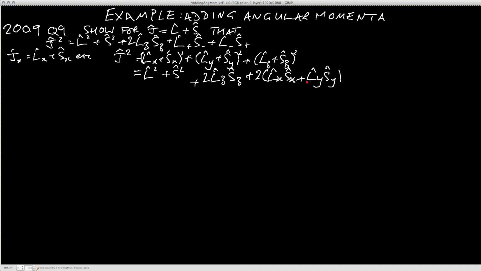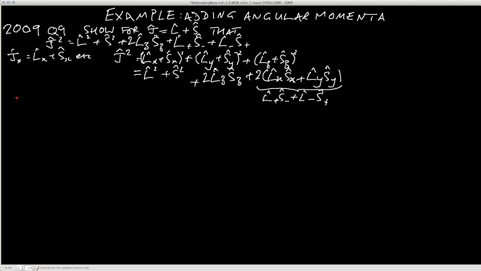Now it's actually very easy to show, and I'm going to leave this as an exercise, that this is equal to L plus S minus plus L minus S plus. You show that just by expanding out L plus and S minus in terms of Lx and Ly. And so that's the first part of the problem shown.